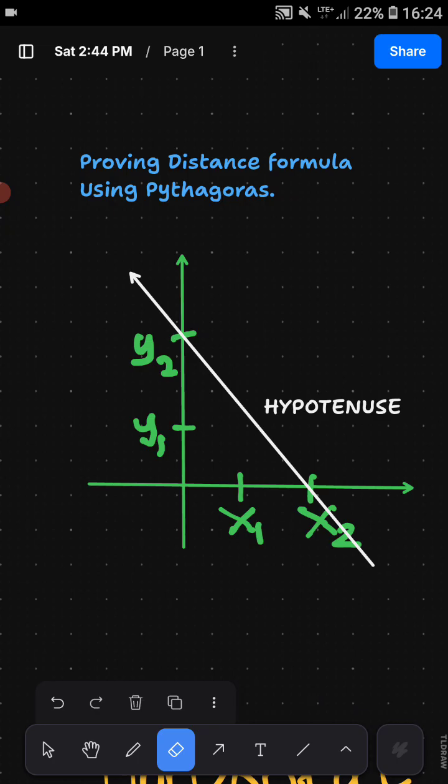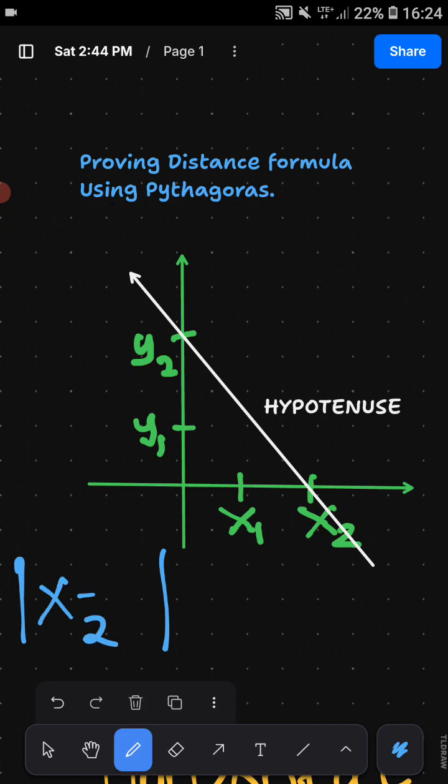All right, so if we want to see how we can move from point x1 to point x2, that's going to be the magnitude of these 2 points. Magnitude simply means distance. Okay, so we have the magnitude of the horizontal side, which gives us x2 minus x1, okay?